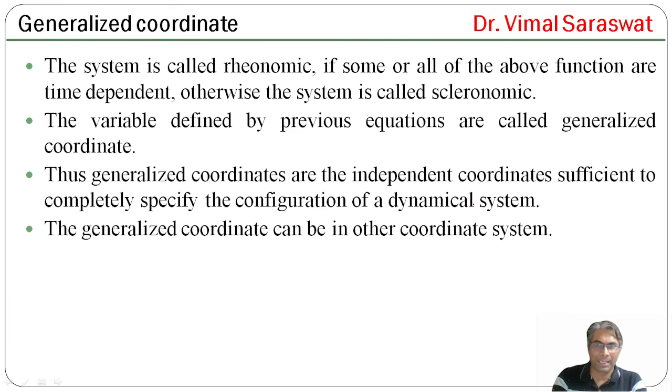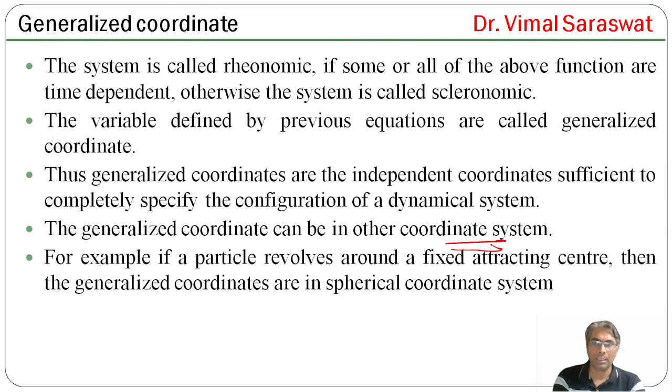The generalized coordinates can be in other coordinate systems. For example, if a particle revolves around a fixed attracting center, then the generalized coordinates are in the spherical coordinate system.